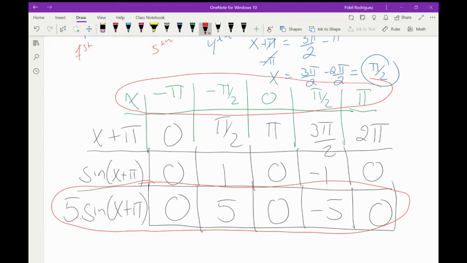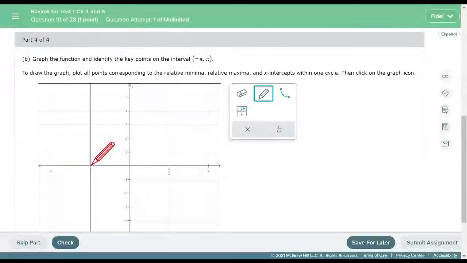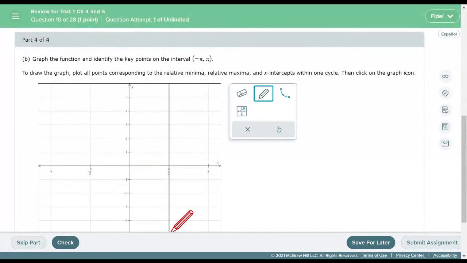Let me stop sharing this and come back over here, let's share the review. There, boom. So we are starting off at -pi. And what was the y number? 0. So I think I know what we're going to do here.